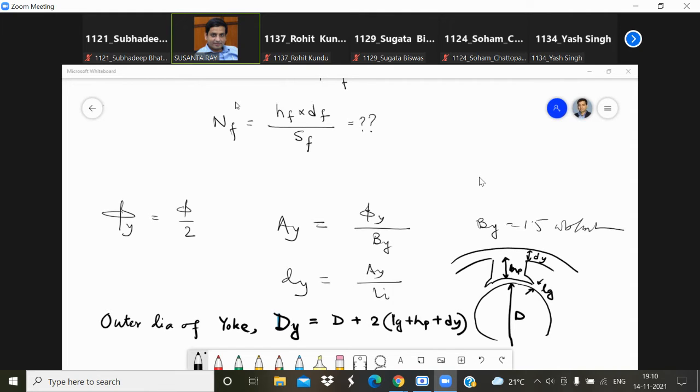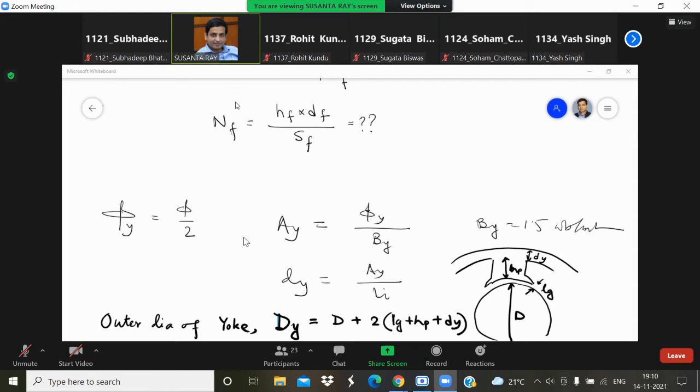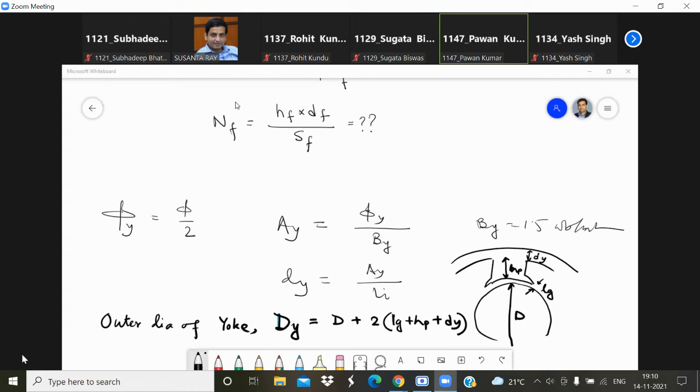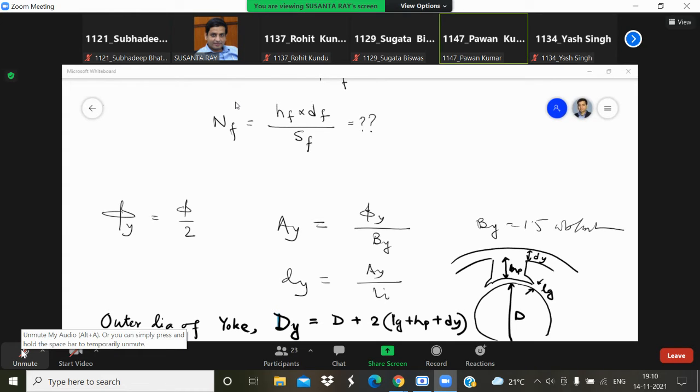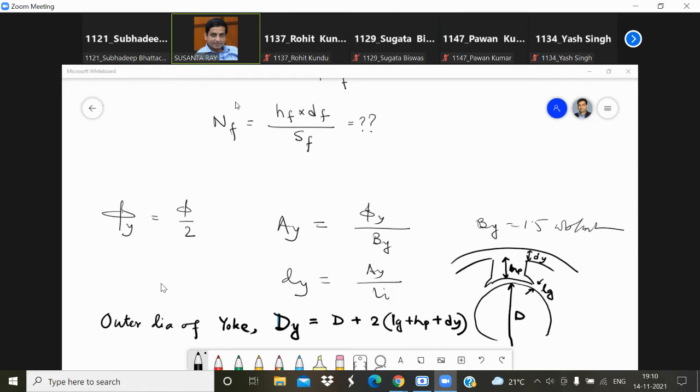Sir, check your calculation. 24 is okay. Sir, the rating of my machine was 110 kilowatt and I'm getting depth as 37.9 mm. No, it's okay.